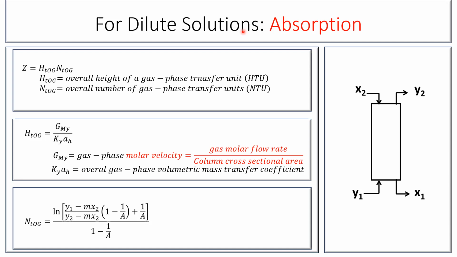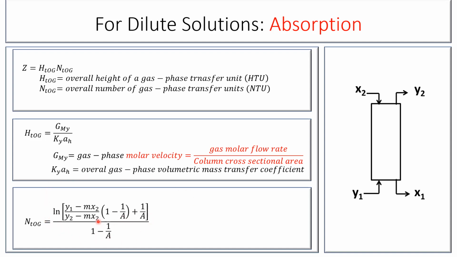Now, as you see here, this equation is more or less very similar to the Kremser equation, except that in the Kremser equation, if you remember, there was ln 1 minus 1 over A. So the number of transfer units can be calculated using this equation.